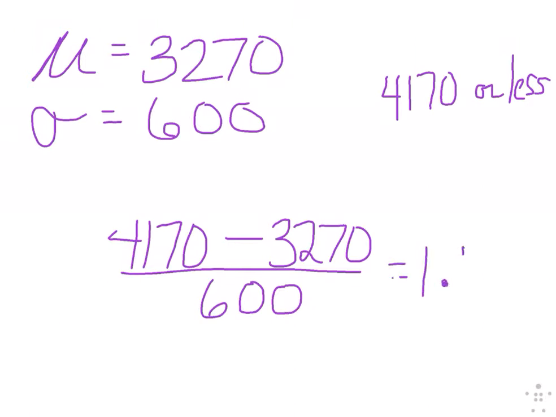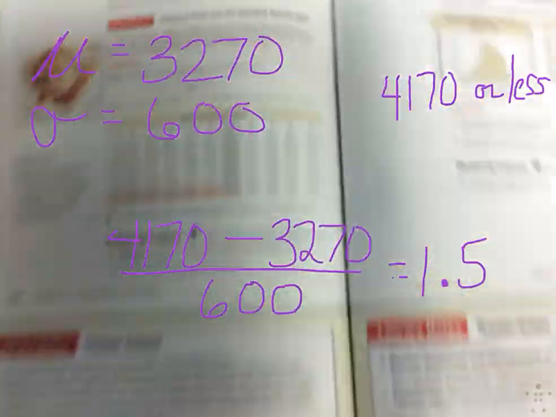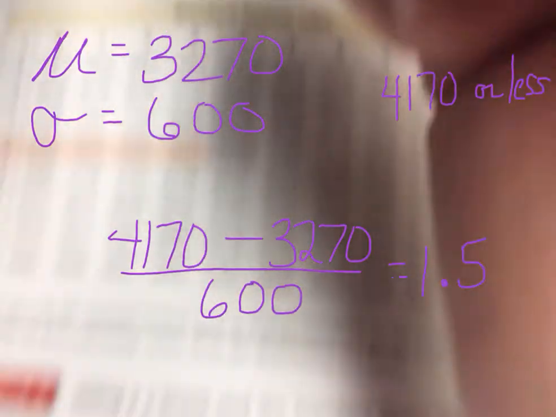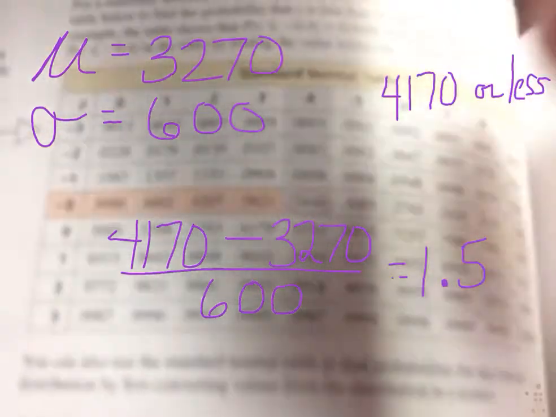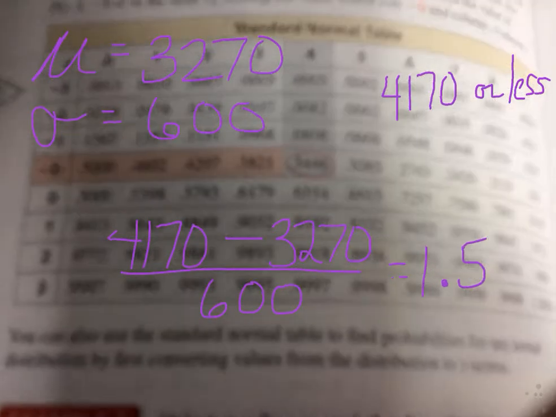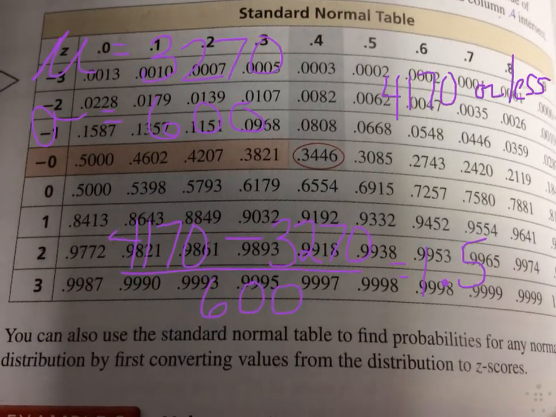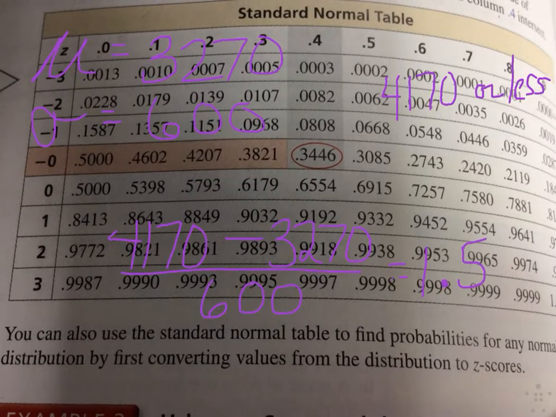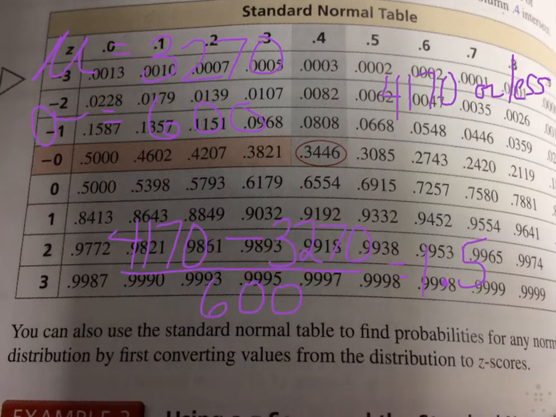Now, what you're going to do with that 1.5 is turn to that table on page 598, and we're going to look up the number associated with 1.5. So here's how we do that. Here's my table. The way this reads is if you look on the very far left, it says Z, and it's got -3, -2, -1, -0, 0, 1, 2, 3.